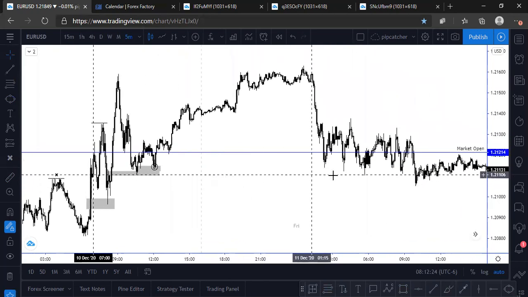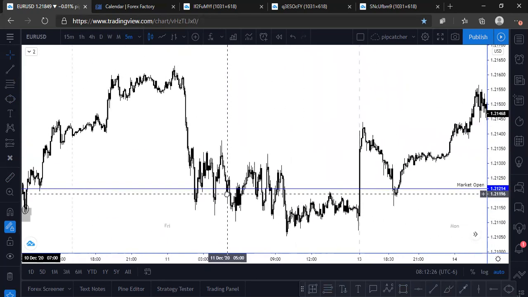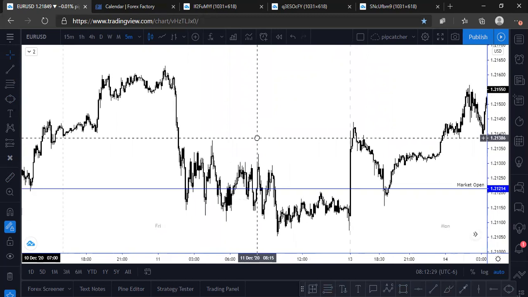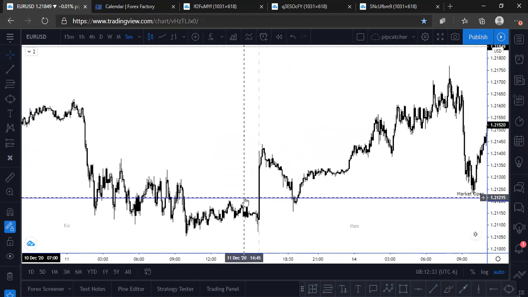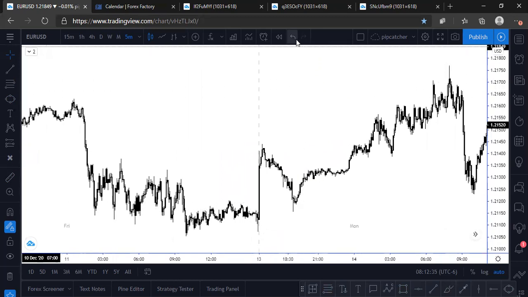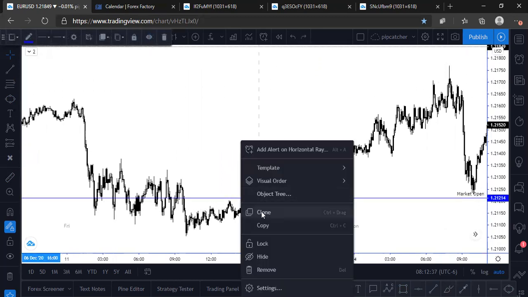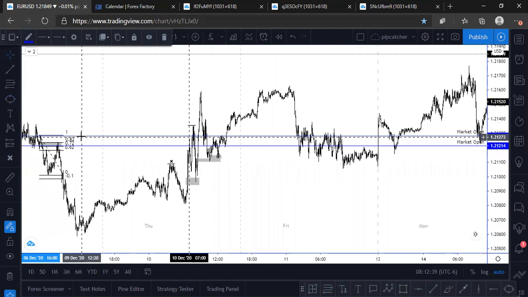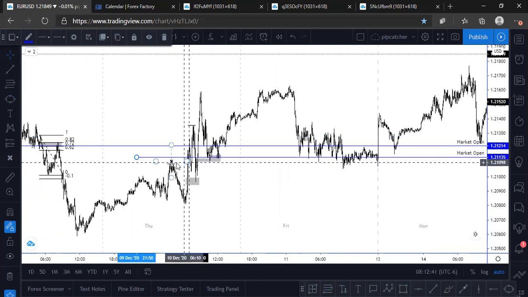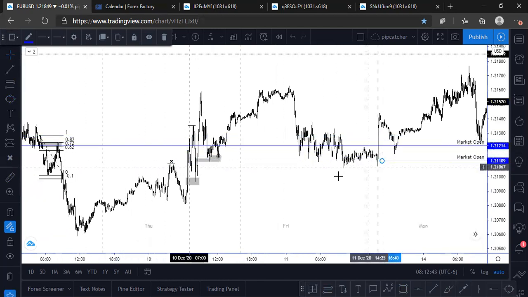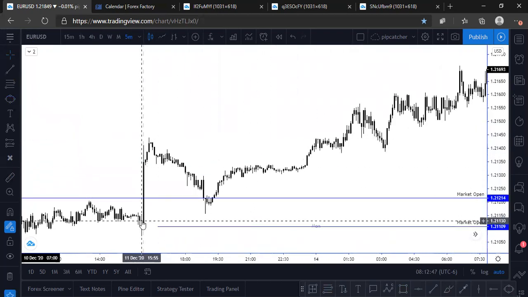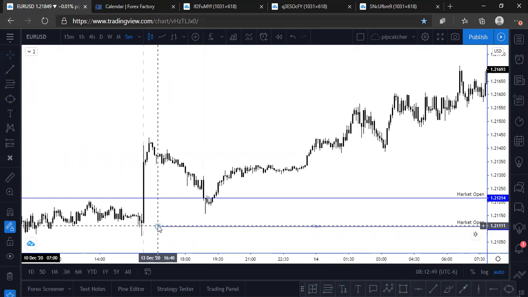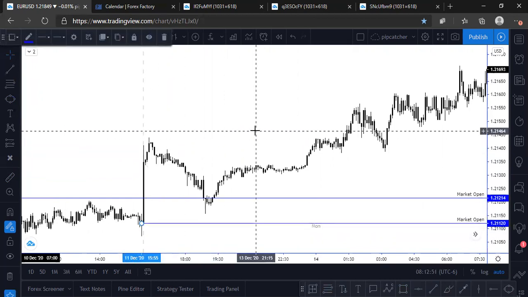So going into the next week here, Friday, market closes. We open right, oops, we open right here. So let me clone that, drag that over here to the market open. So look, we have the 11th, 13th. Market opened right here.